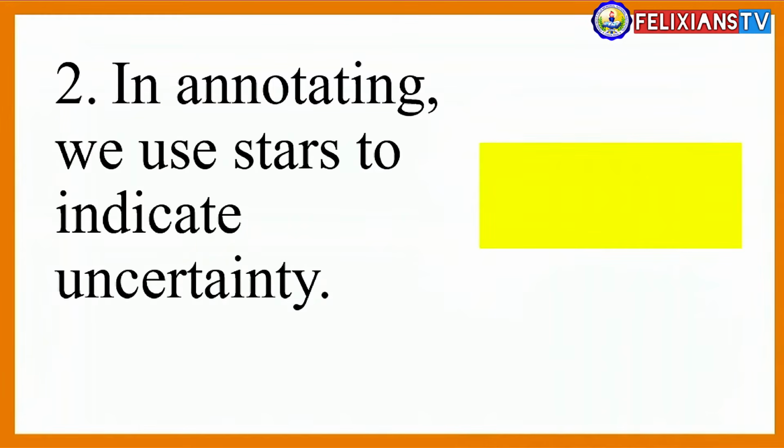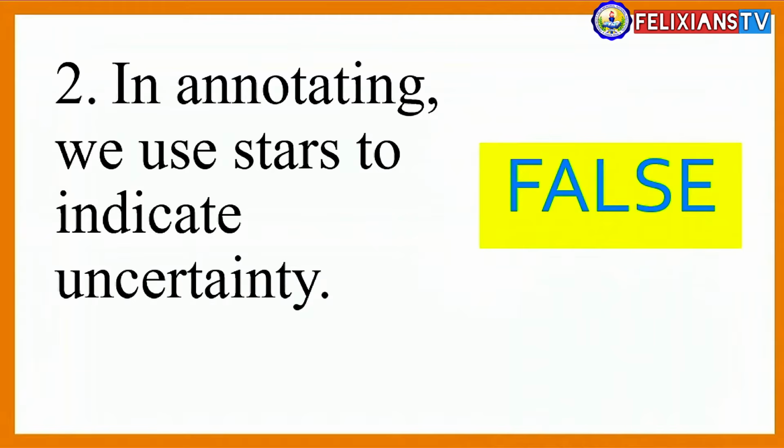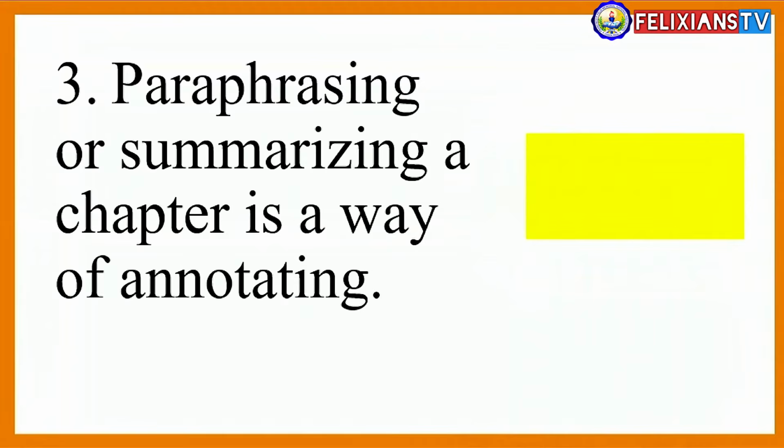In annotating, we use stars to indicate uncertainty. True or false? The correct answer is false. Number 3. Paraphrasing or summarizing a chapter is a way of annotating. True or false? The correct answer is true.